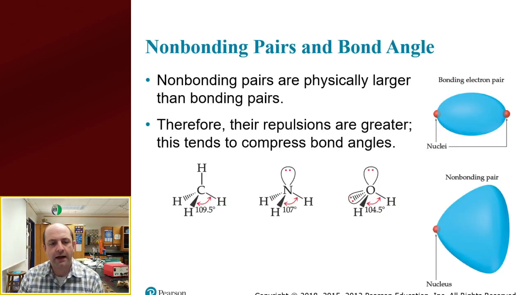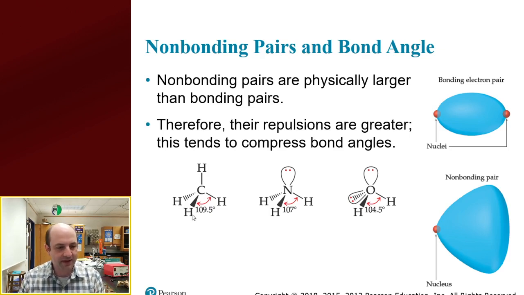All right. Now, one part of VSEPR that we say, and this isn't strictly true, it's more of a simplification to help us come up with the right answer without thinking too hard about it. We say that the non-bonding pairs are larger than bonding pairs, that they take up more space. And because they take up more space, they start to squeeze the other bonds closer together.